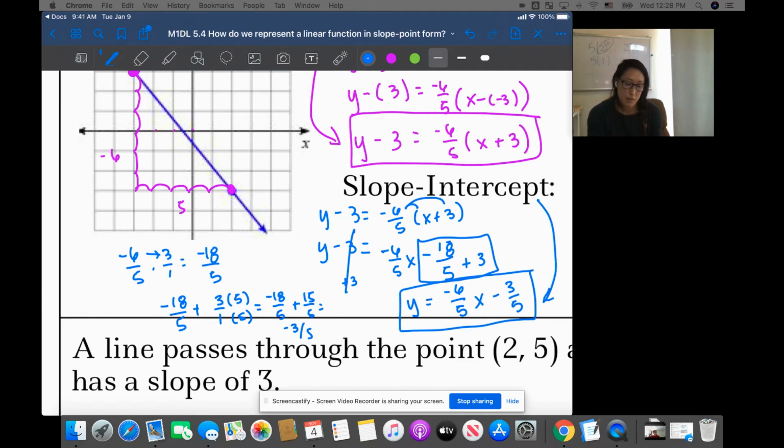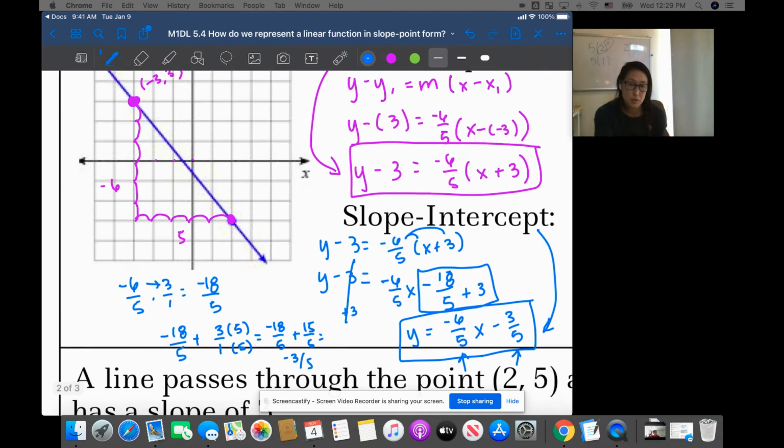This is slope-intercept form. I can see that the slope is negative 6 over 5, and the y-intercept is negative 3/5. So I'm going to check on my graph to make sure that that matches, okay? So we already know the slope is negative 6 over 5 because we counted our slope triangle. And then if I look from the origin down to where the line crosses the y-axis, it's not a whole number.